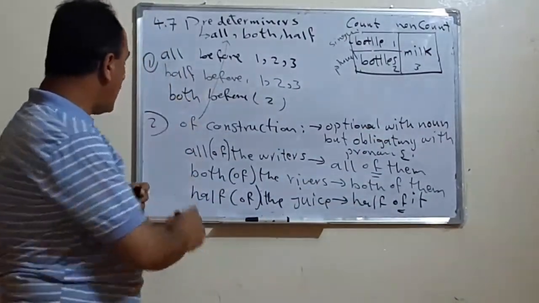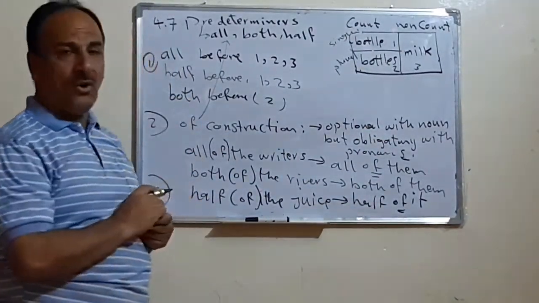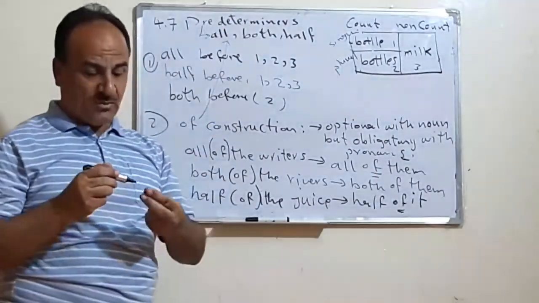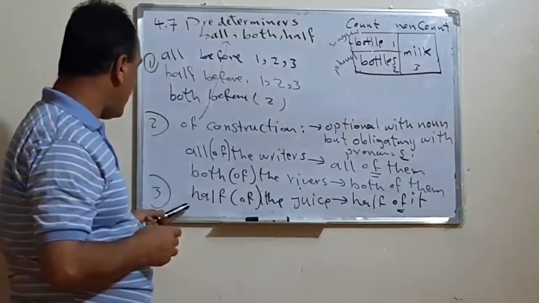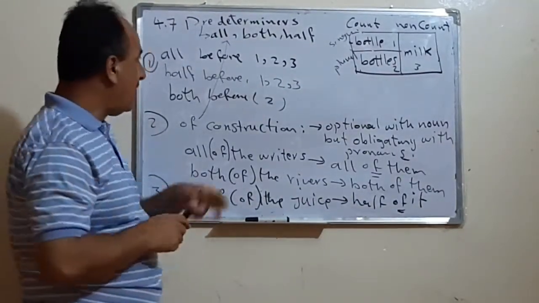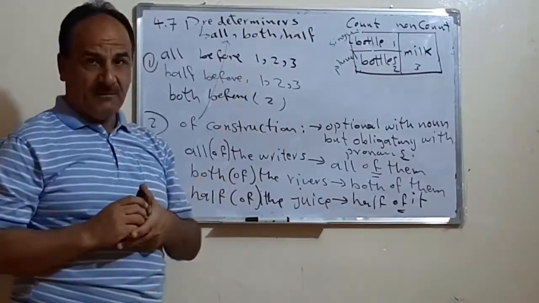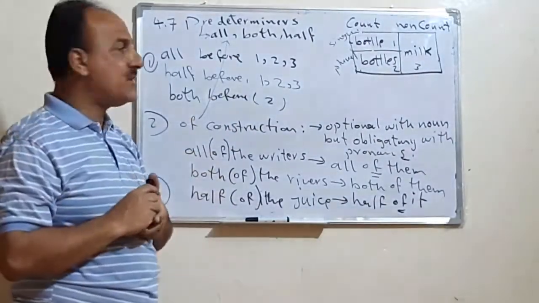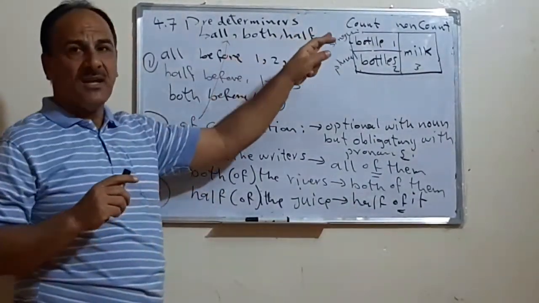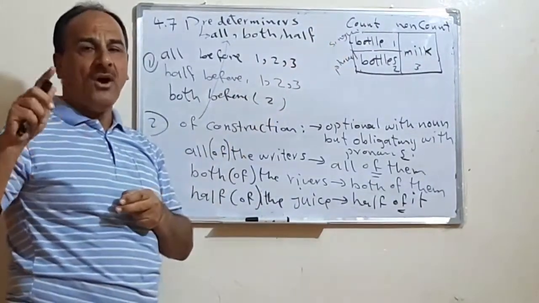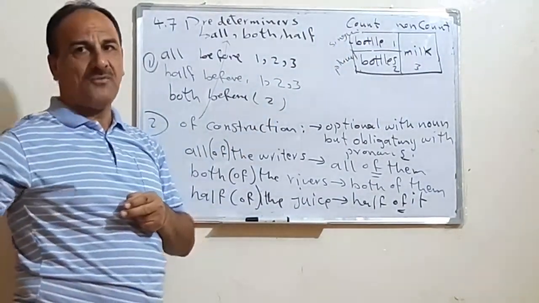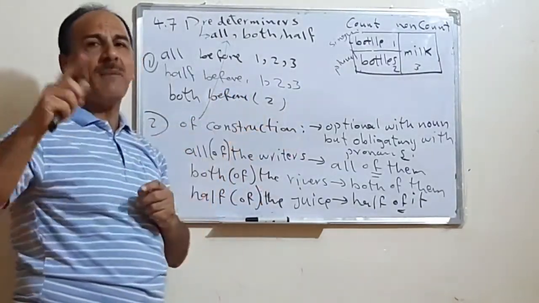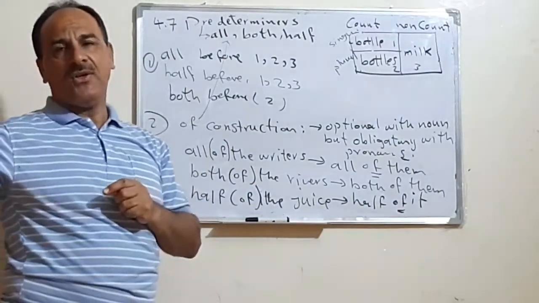Again, we of course have other two or three features concerning the predeterminers. This is what we call replacement: we can replace these nouns with determiners. If we say the two students passed the exam, we can say both of them passed the exam, or both passed the exam.